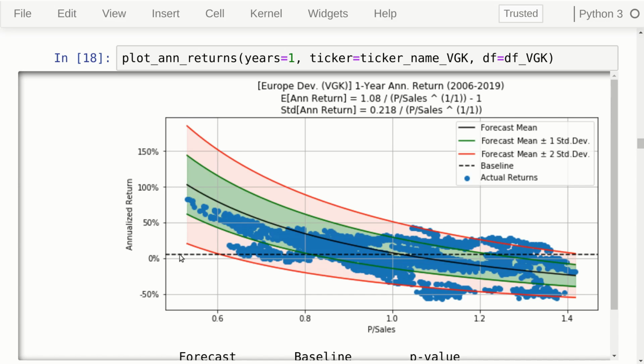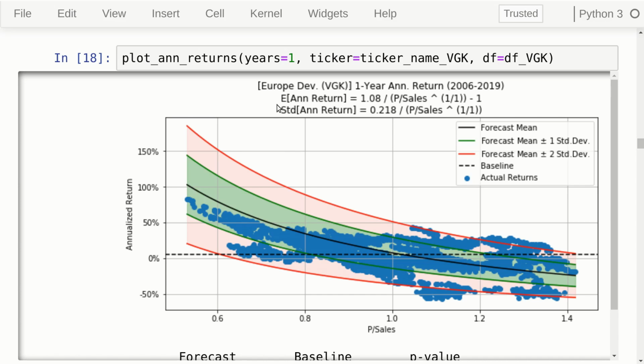The baseline is the dashed black line here, and it represents the mean annualized return. So it is just the mean of all these blue dots here. The solid black line represents the forecasted mean annualized return, and the green region is 1 standard deviation around that mean, and the red area is 2 standard deviations.